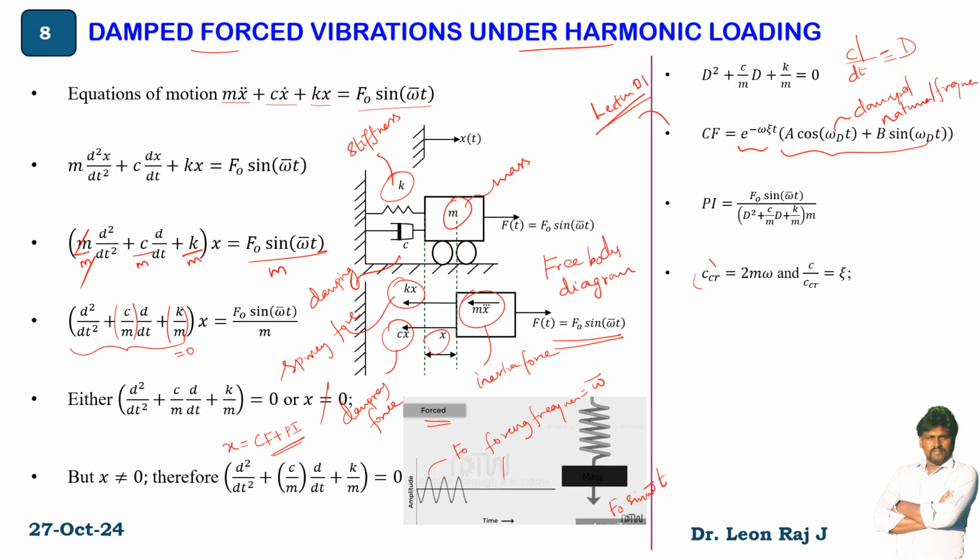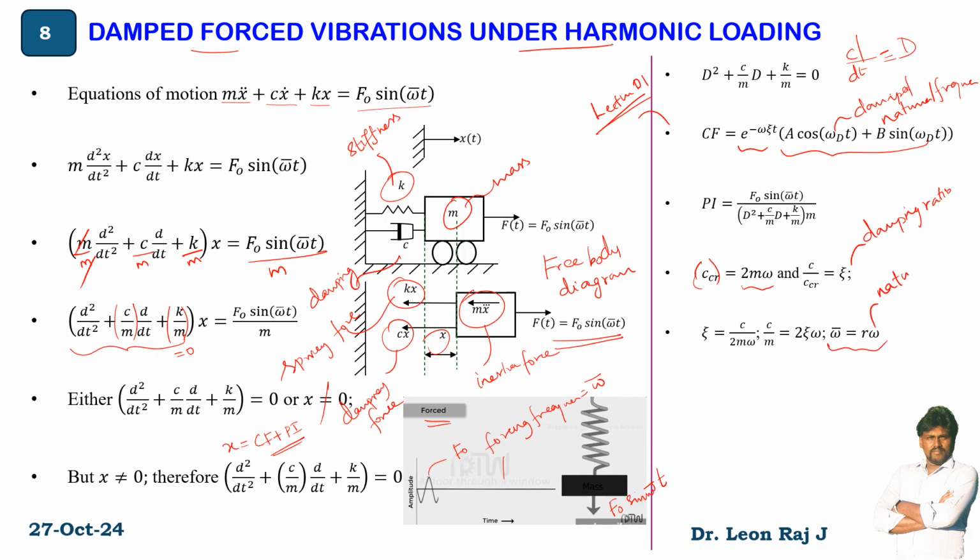Here the critical damping coefficient is c critical equal to 2m omega, and c by c critical is the damping ratio, where xi equal to c by 2m omega, so c by m is equal to 2 xi omega, and omega bar equal to r into omega. See, this omega is the natural frequency, so don't get confused with omega d and omega bar.